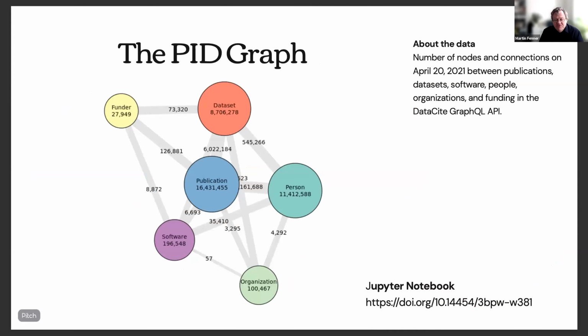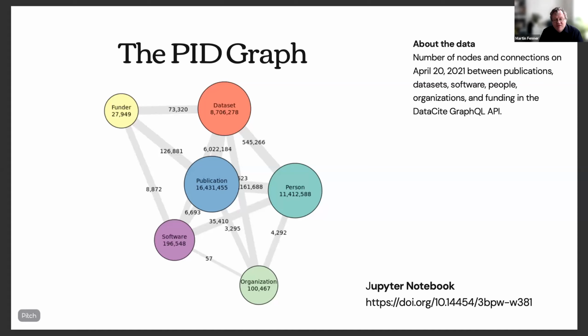This is the PID graph by the numbers, and I did this yesterday. I think the first thing to note here is what entities are part of the graph. And this follows a history that probably started with Research Graph, which was originally a Research Data Alliance project, one of the first working groups, where there are some things that we're more interested in than others, and over time this will expand.